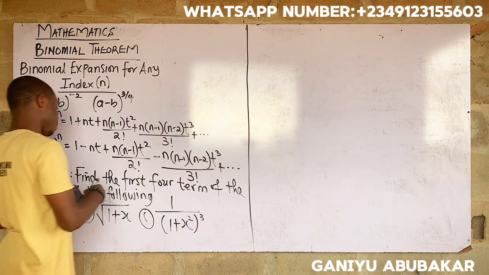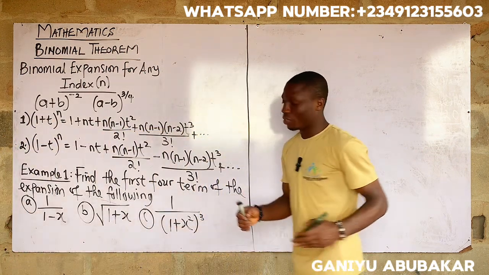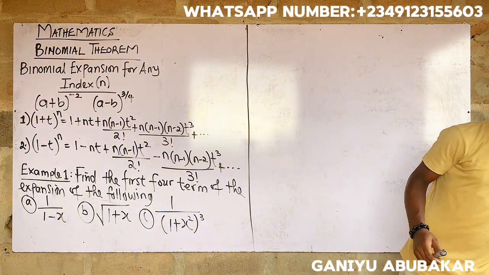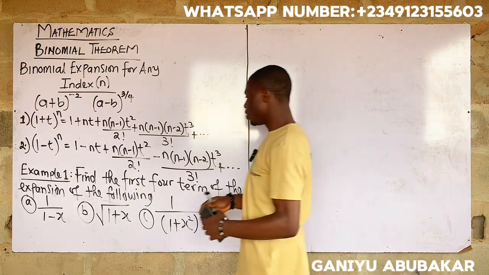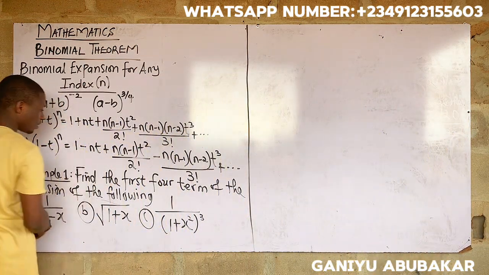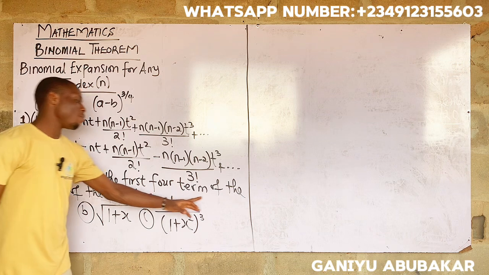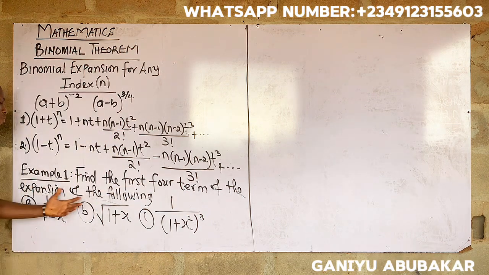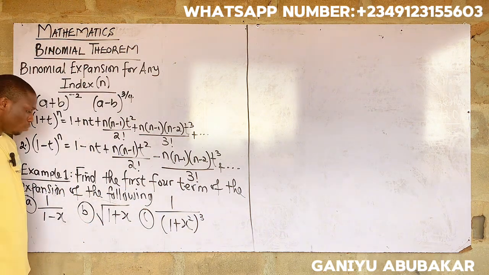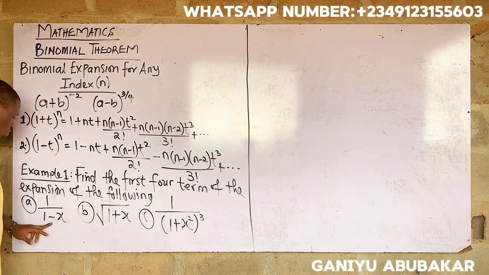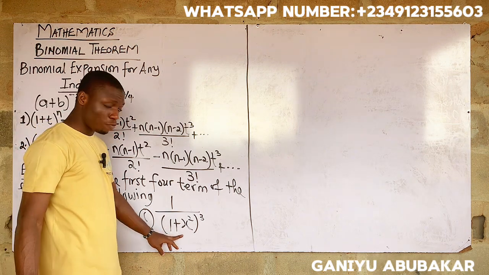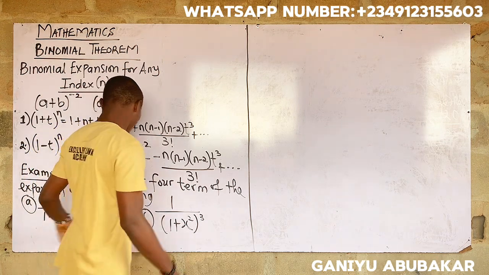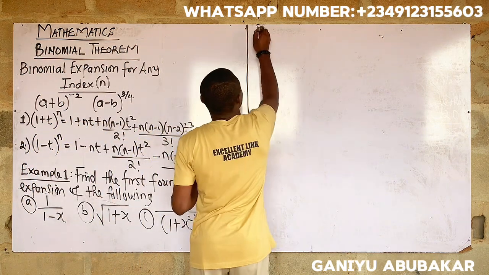So we have this particular question here. So how do you possibly evaluate this kind of problem? Well, it says find the first four terms of the expansion of the following. So how do we get this done? Let's start with the first one, then do the second one, then you do the third one for me, right? So let's do number 1. Let's start with A.